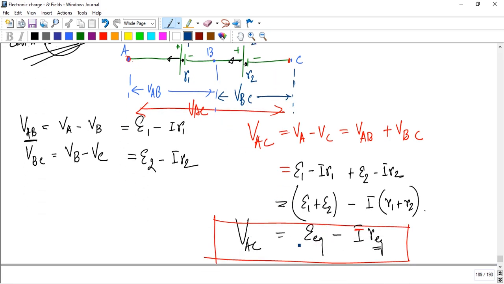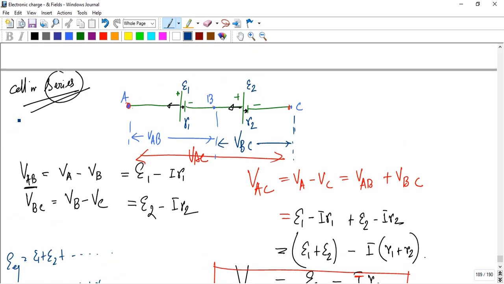Clear? If more cells are connected, we just add them. The EMF equivalent is EMF 1 plus EMF 2, and if I connect another 2, 3, 4 cells, they are simply added. The equivalent internal resistance is R1 plus R2 plus R3, just added. That is cells in series.